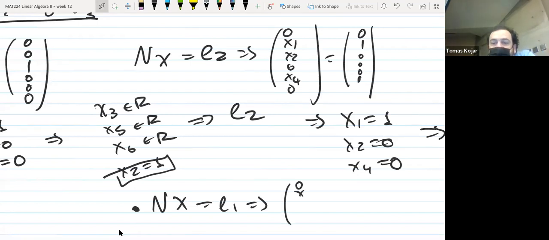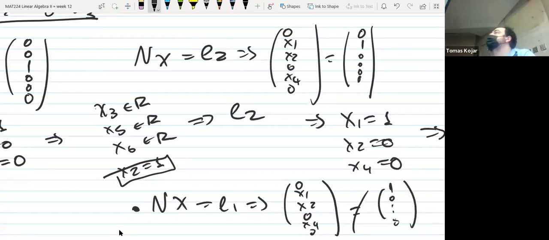So you have 0, x1, x2, 0, x4, 0, equal to 1, 0, 0, 0, 0. But this is false. Understand? So as you keep playing this game, eventually you will get either a contradiction or you will get the 0 vector, which is again a contradiction because we want the basis element.